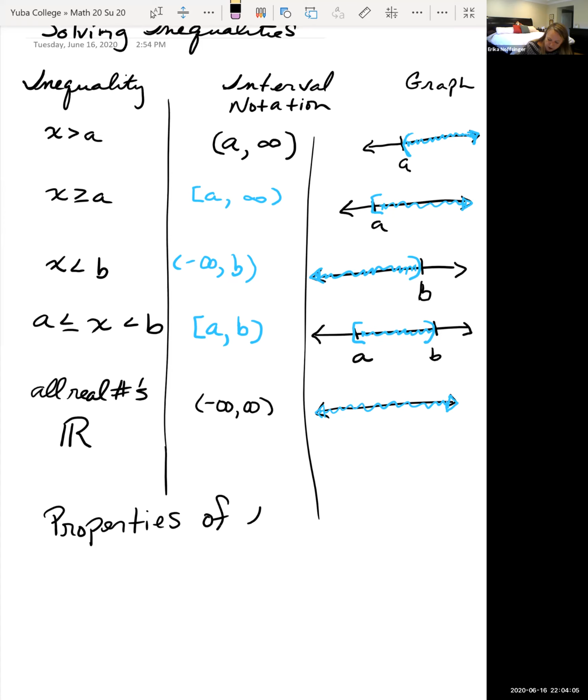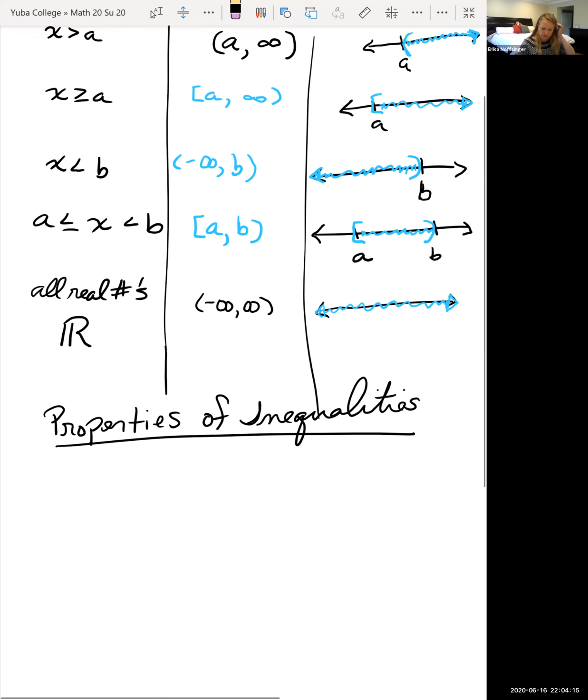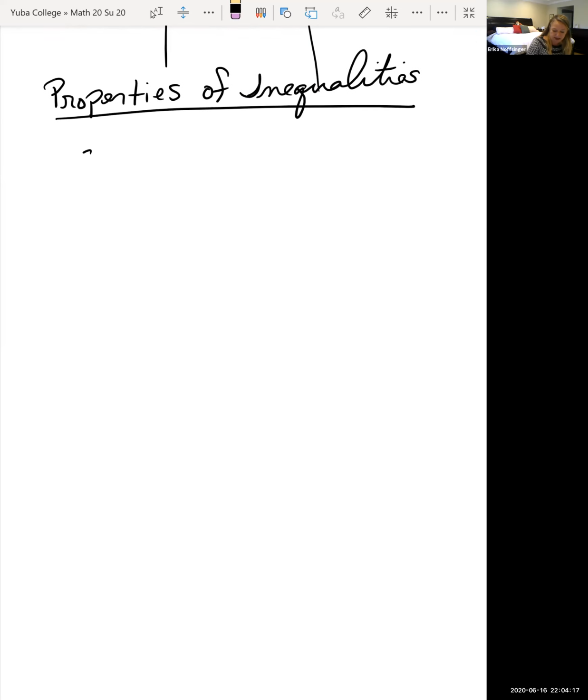Okay, so there are certain properties of inequalities. If we're given that a, some number, is smaller than some number b, it doesn't matter what we do.